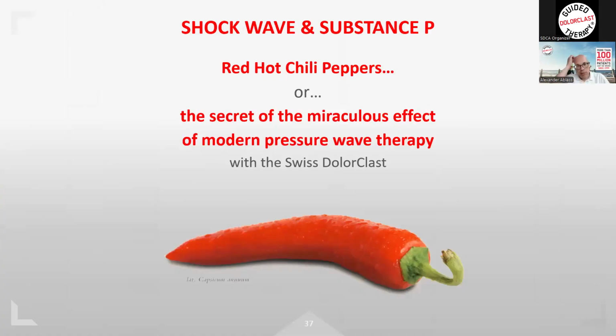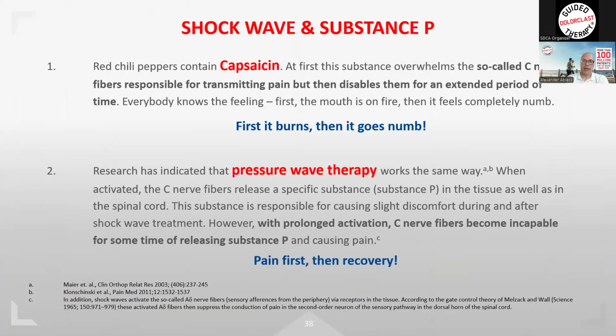So I explain to my patients, and it's correct in a physiological way: whenever you receive a shockwave therapy, it's like eating a red hot chili pepper. A red hot chili pepper is burning in our mouth. This is because of capsaicin.